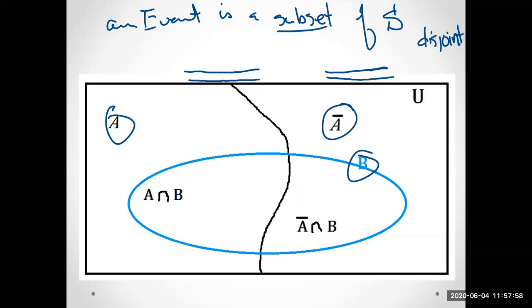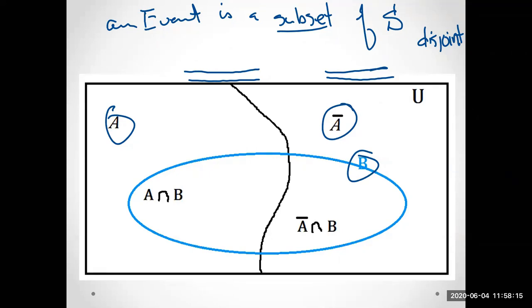In other words, ignore the blue set. So we divided it into how many black sets? 2, right? A and A complement, right? Everyone see that? Okay.